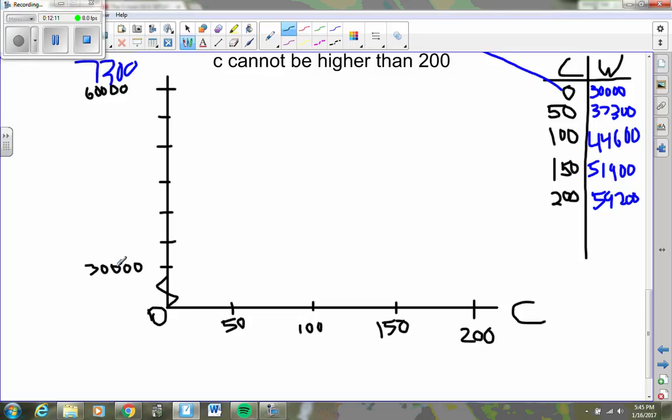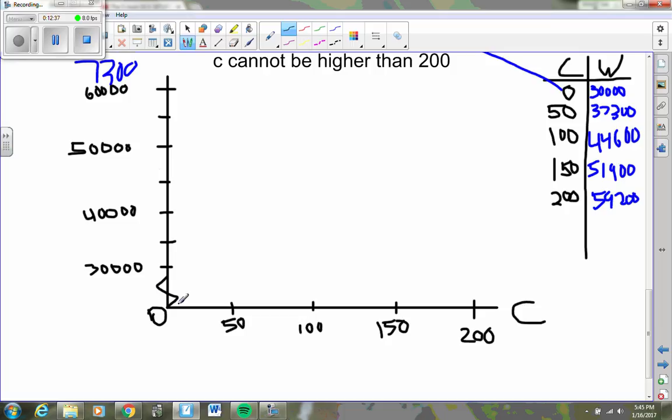So 30,000, 35,000, 40,000, 45,000, 50,000. And I'm just simply basing this, you guys, on my table of values over here. Looking at the W numbers that I have to get up to, I know I have to get up close to 60,000. So that's why I did my axis this way.